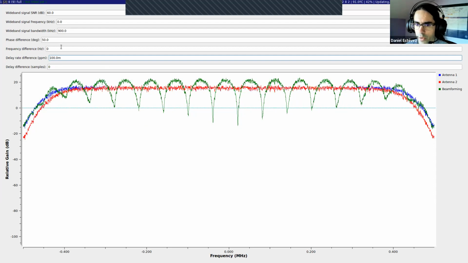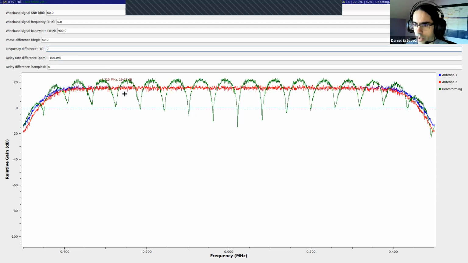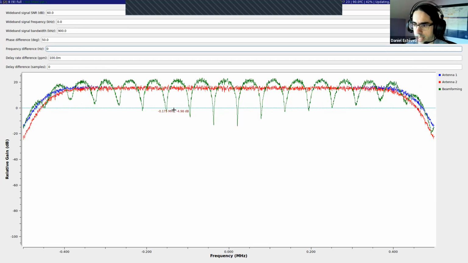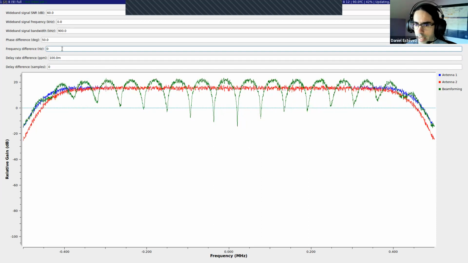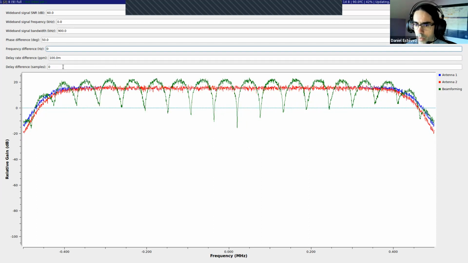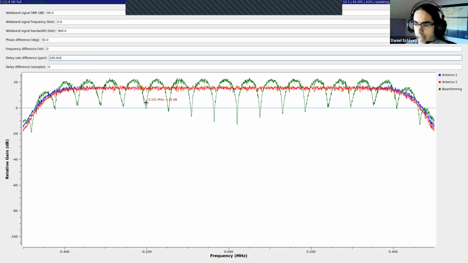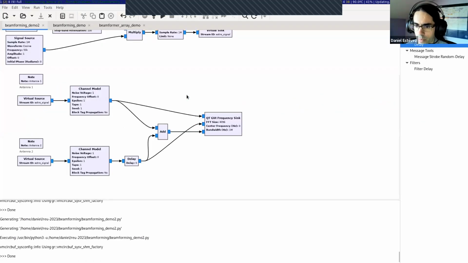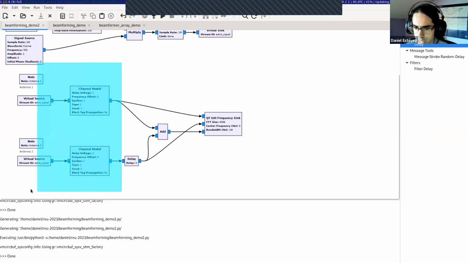And the point of all of this was to demonstrate on the spectrum of the beamforming combination, if you just add up those two signals, how different effects will look like. Then what does a beamformer do? So this is the simulation. All of these would be the real physical world.